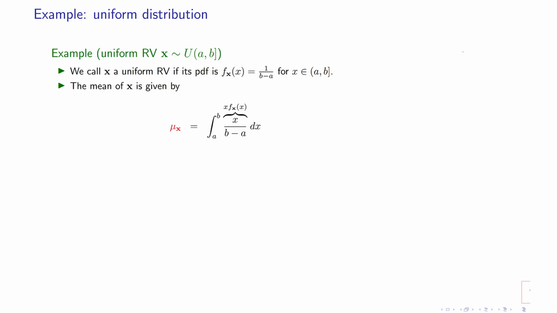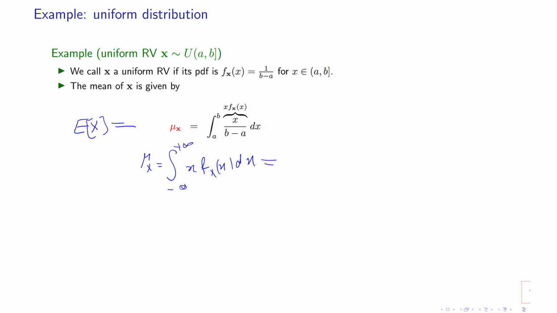Mean of X is easy. Sometimes, for abbreviation, we denote the mean of X by mu_X, and mu_X is equal to the integral of x times f_X(x) dx from minus infinity to plus infinity.